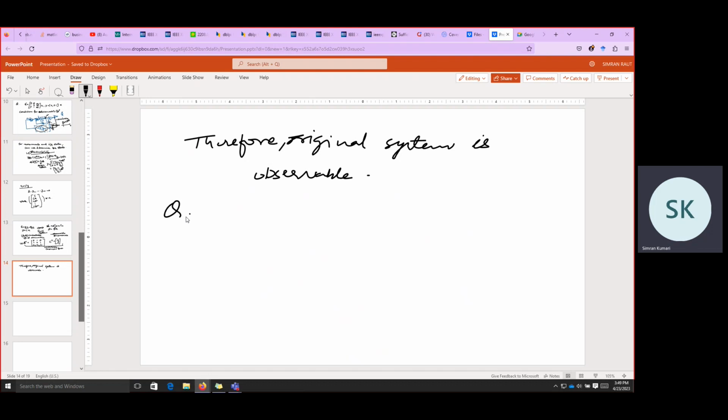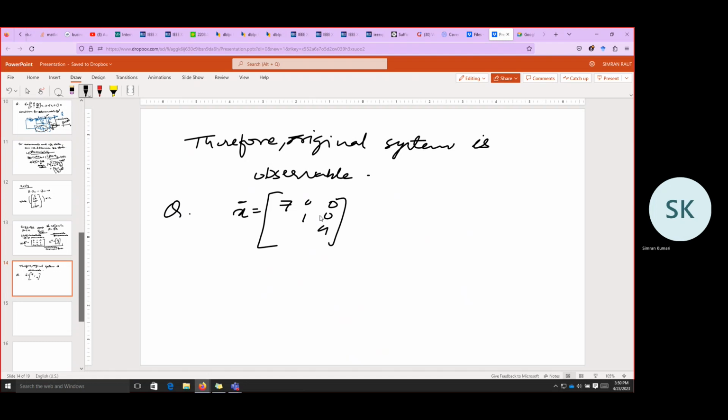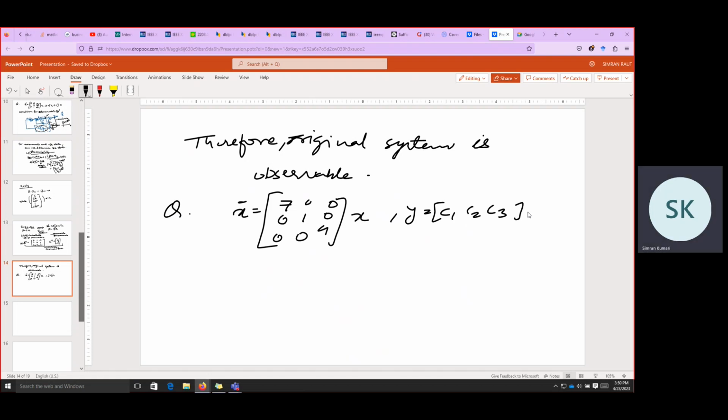This is the next system. We have x dot equal to Ax, y equal to C1, C2, C3 times x.